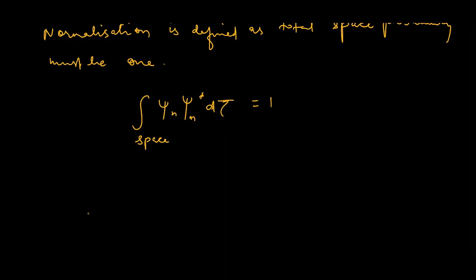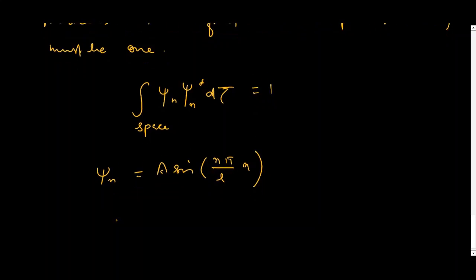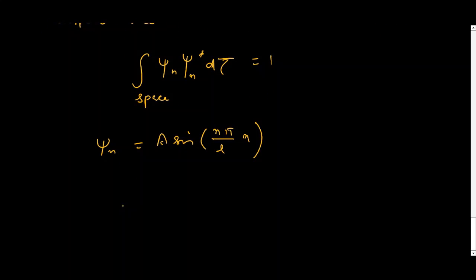So in order to normalize this equation, xi n is equal to a sine n pi by L into x, we will take it as integral xi n square dx from 0 to L is equal to 1.